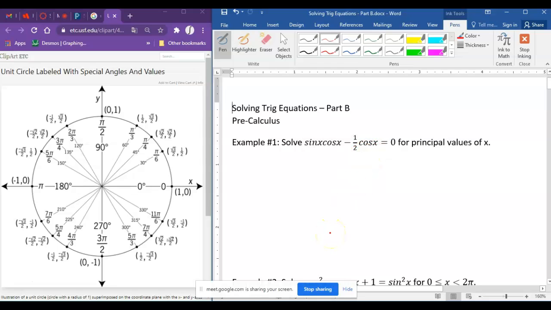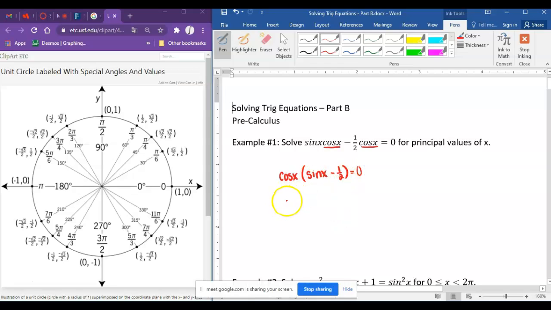factor these problems out. So notice here I've got a cosine x with this first term and a cosine x with the second term. So if I can get this factored, it'll be a lot like 7, 8, 9, and 10 that we had at the end of Friday's worksheet, where those were already factored for you. So in this case, if I pull out a cosine x, I'll be left with, on the inside, a sine x minus 1/2, and this stuff will equal 0.